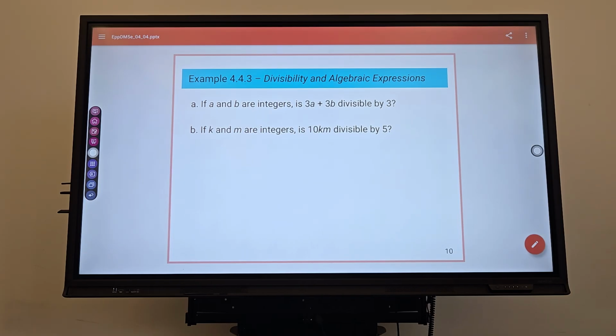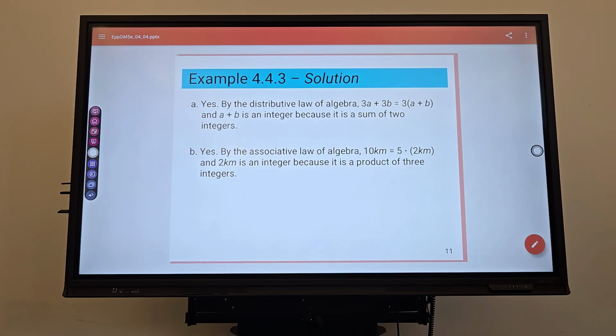If k and m are integers, is 10km divisible by 5? Yes, because 10 is divisible by 5, and k and m are integers. So the associative law applies.